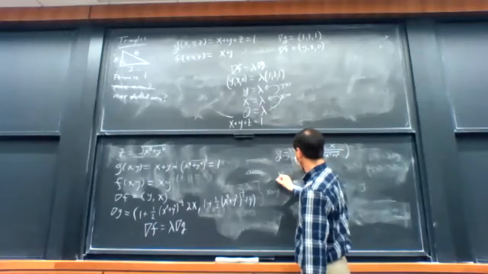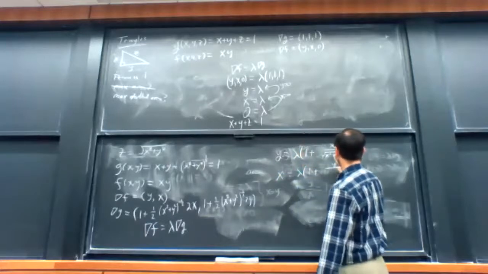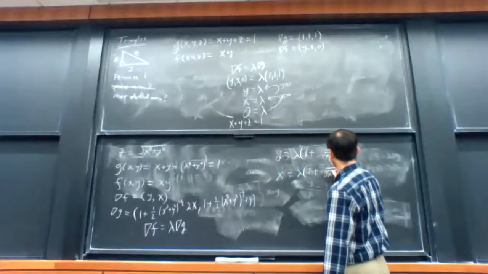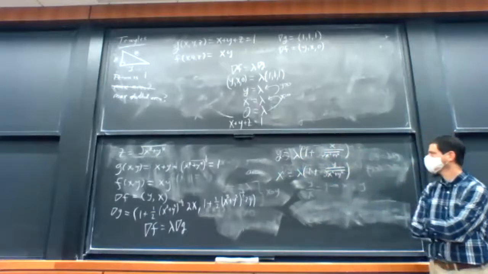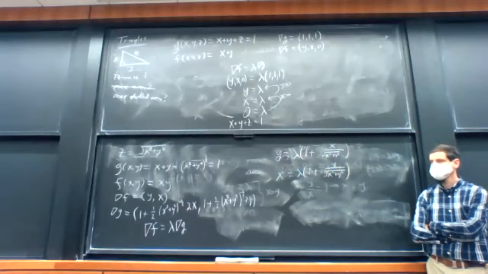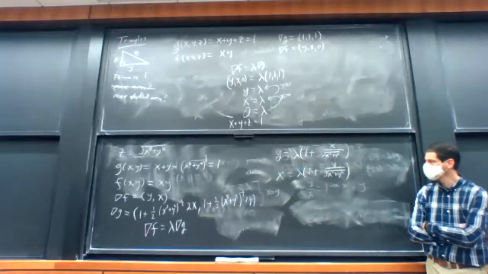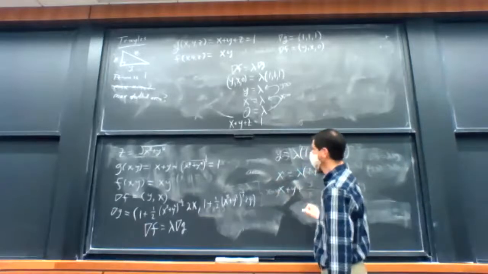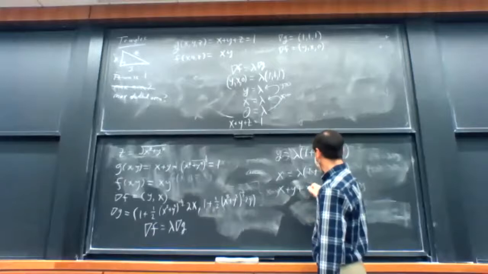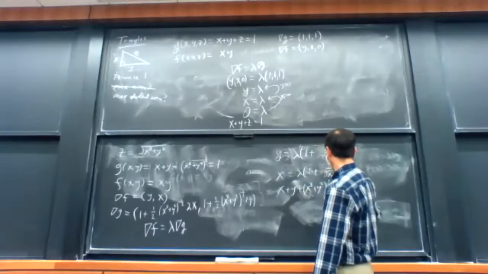And then we have x equals lambda times 1 plus y over the square root of x squared plus y squared. And we still have the constraint equation x plus y plus x squared plus y squared to the 1/2 equals 1.